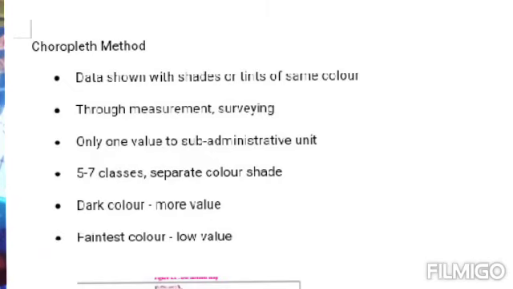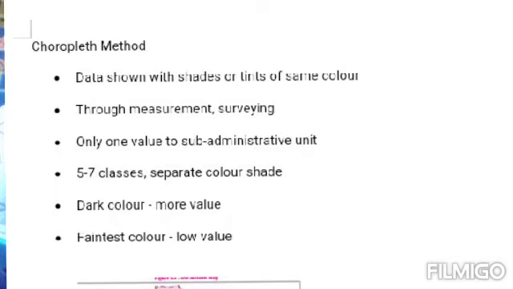I will repeat a few things for choropleth method. In choropleth method, 2-3 things are important. One is that to show the distribution of data, we use shades or tints of the same color, right? If not color, we can use black and white patterns. There are 2 processes through which we can collect the data for choropleth method: measurement and surveying.